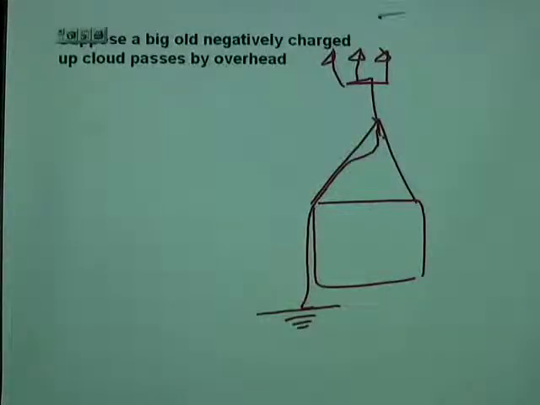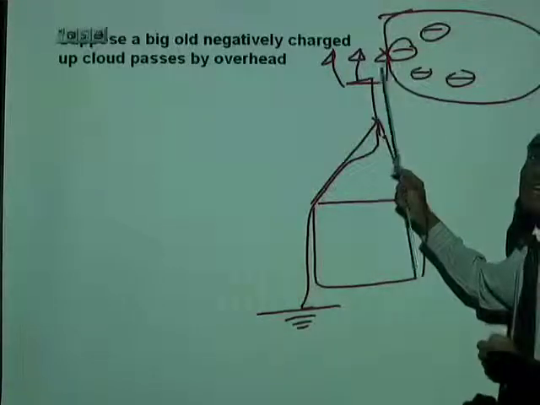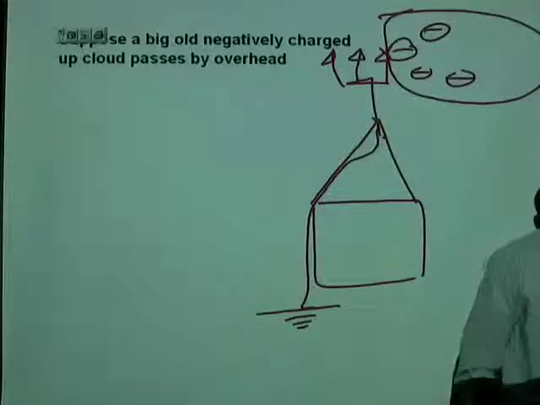Now when clouds pass by near the building, where suppose there is a buildup of charges, what happens is the presence of these charges will induce positive charges on the spiked conductors.